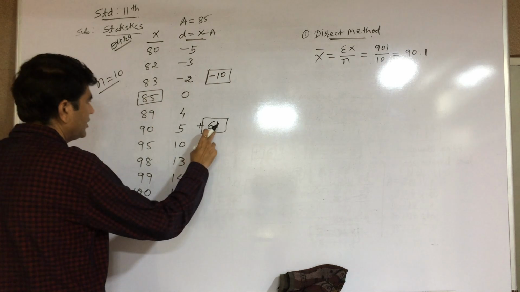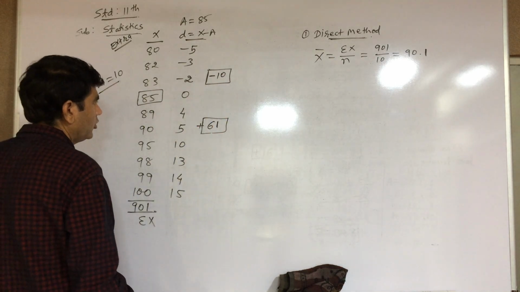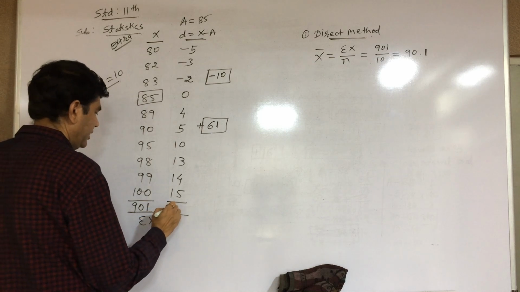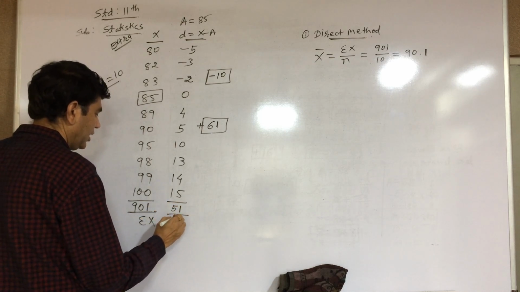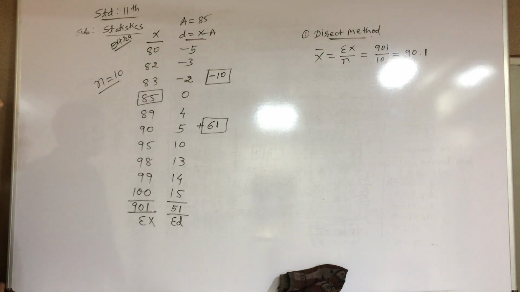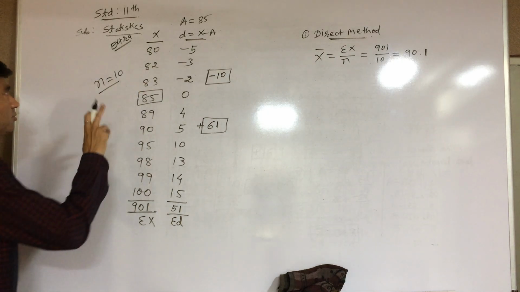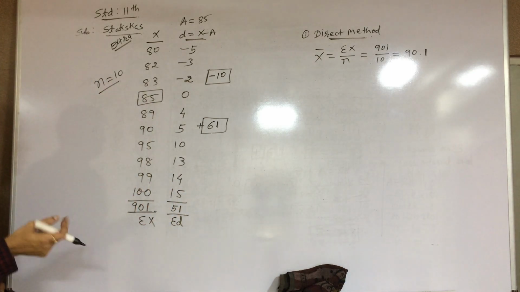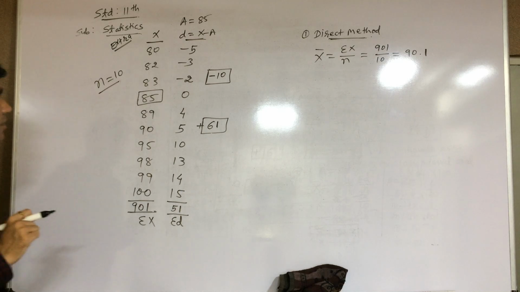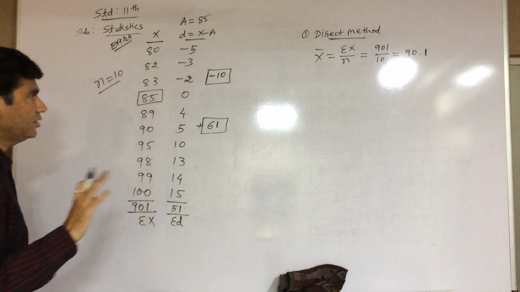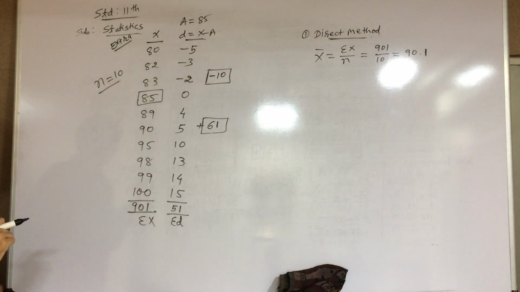So our rule is higher value minus lower value and sign of higher value. So 51 is our sigma d. If you assume 85, if you assume a different value, then sigma d will come different. Remember that. Only the answer will remain same. So if you assume 80, then sigma d will come different.